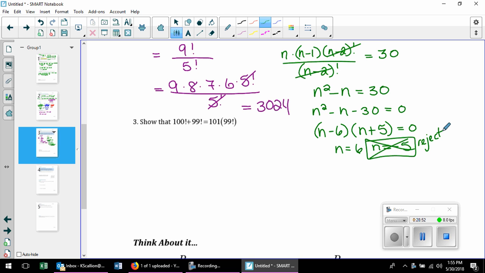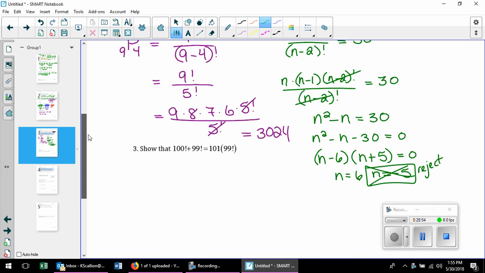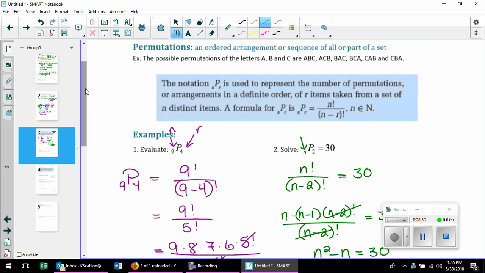And if we go back up there, there was a restriction that I didn't even talk about on the formula. n is an element of the capital N, natural numbers, not integers. What's the difference between natural numbers and whole numbers? They're all whole positive numbers. Which one has 0 in it?